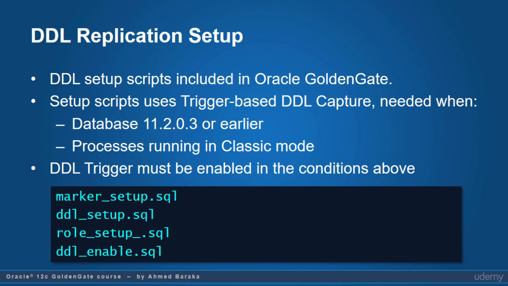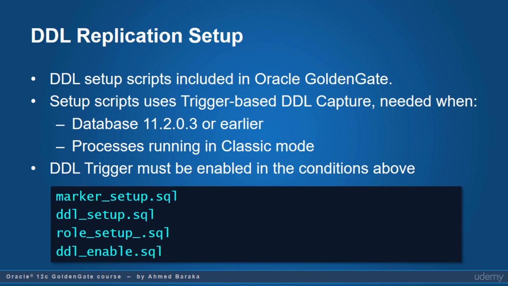Before you configure Oracle GoldenGate to use the DDL replication, you may need to run some setup scripts. Those scripts must be executed if one of the following conditions apply. The Oracle database version you're working with is 11.2.0.3 or older. The second condition is if the GoldenGate processes are running in classic mode.